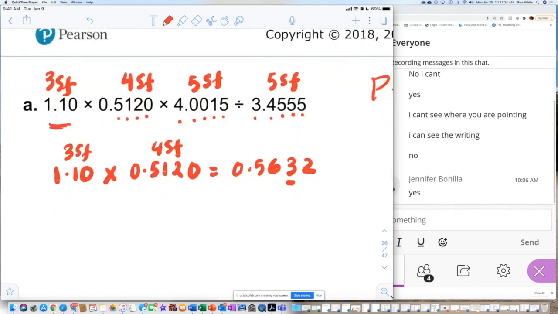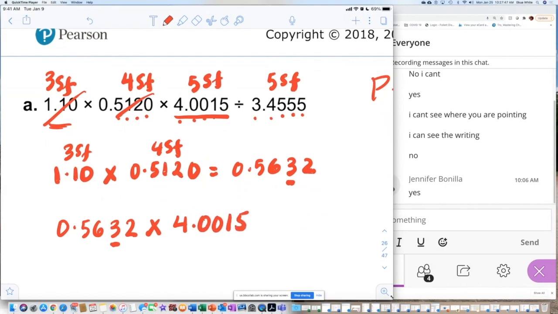Okay, but I won't round it up just yet. I'll just recopy it. So I've done this part and this part. So 0.5632. Remember, it has to be rounded to this position right here. Then I multiply it by this next. 4.0015. This is 5 significant figures. Remember with this one here, we're looking at it like it was 3 significant figures.